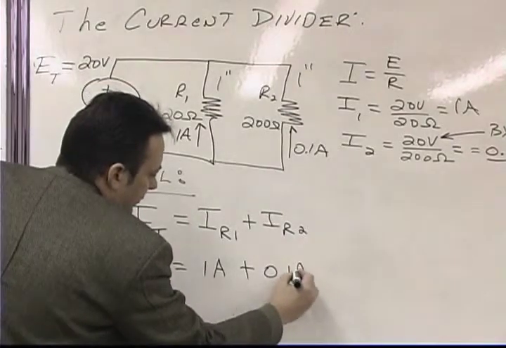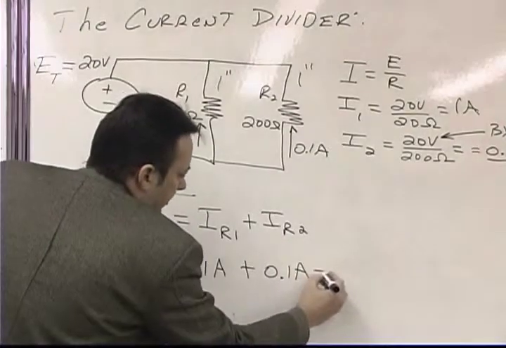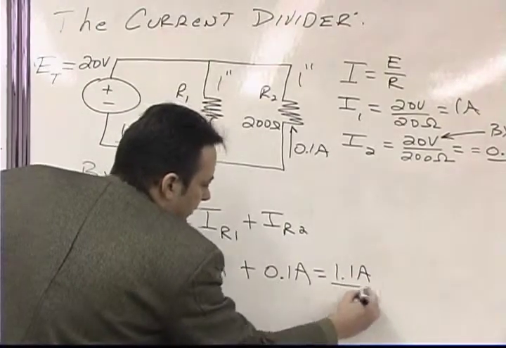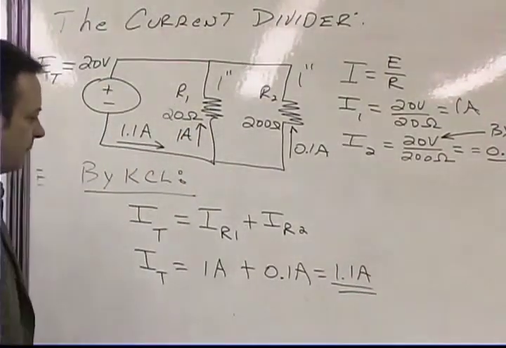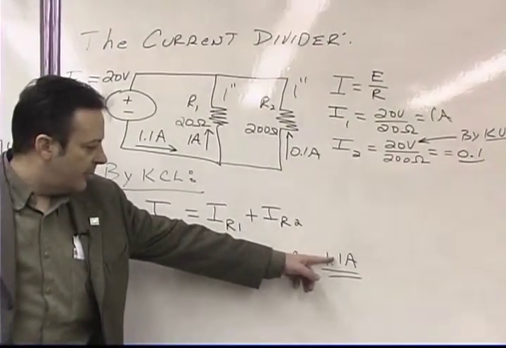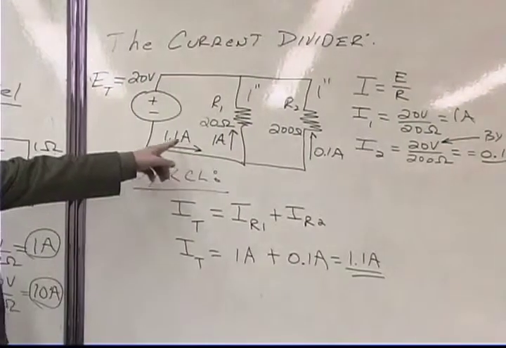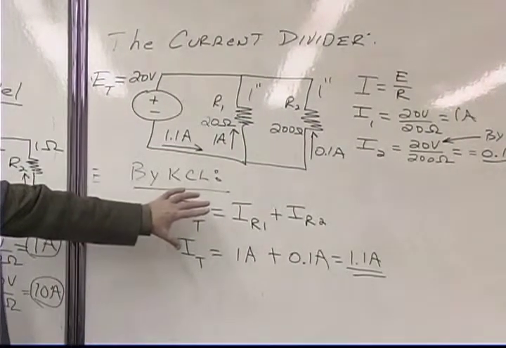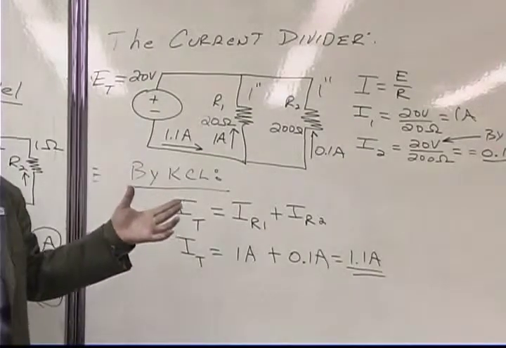Of course, when we add them together, we get 1.1 amps. And when we compare that number to the number we calculated using the equivalent circuit and Ohm's law, we get the same number.